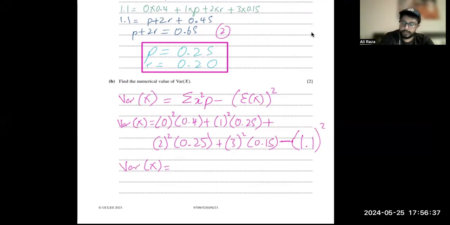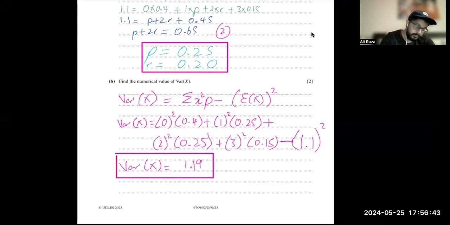The answer comes out to be 1.19 for the variance.